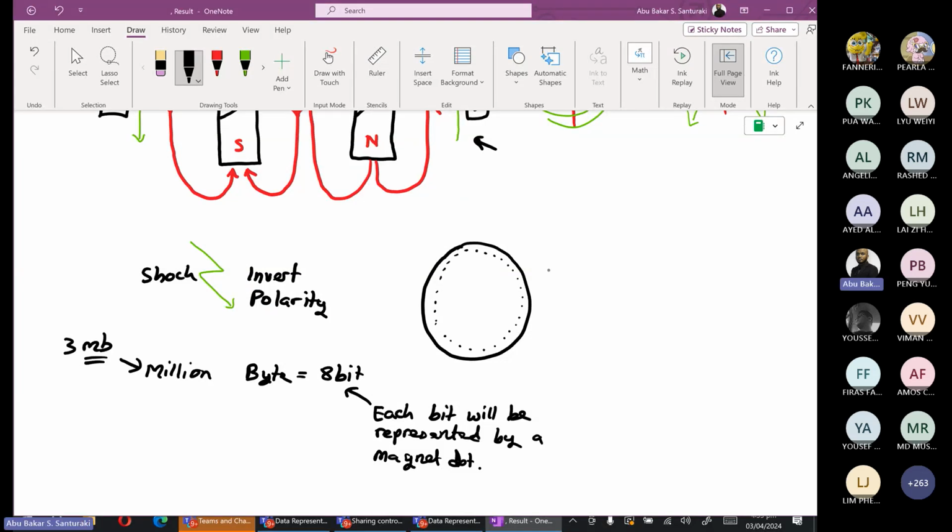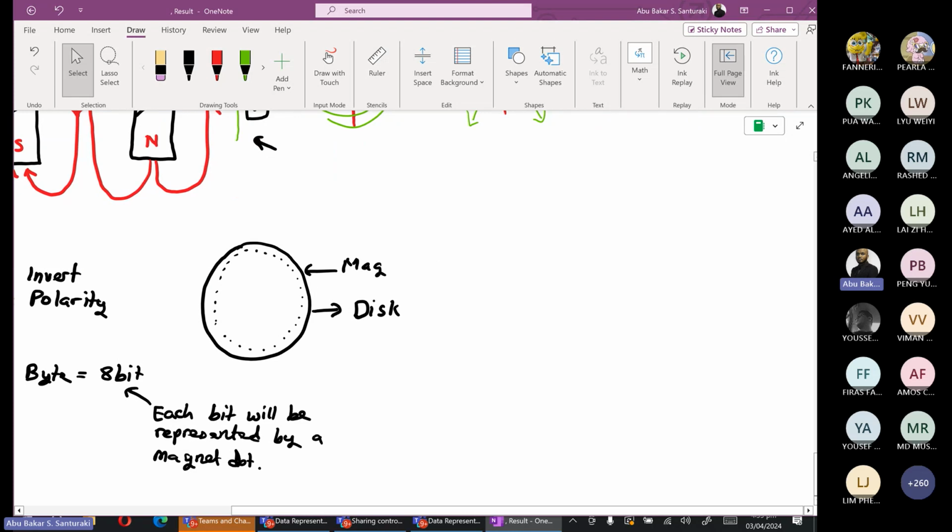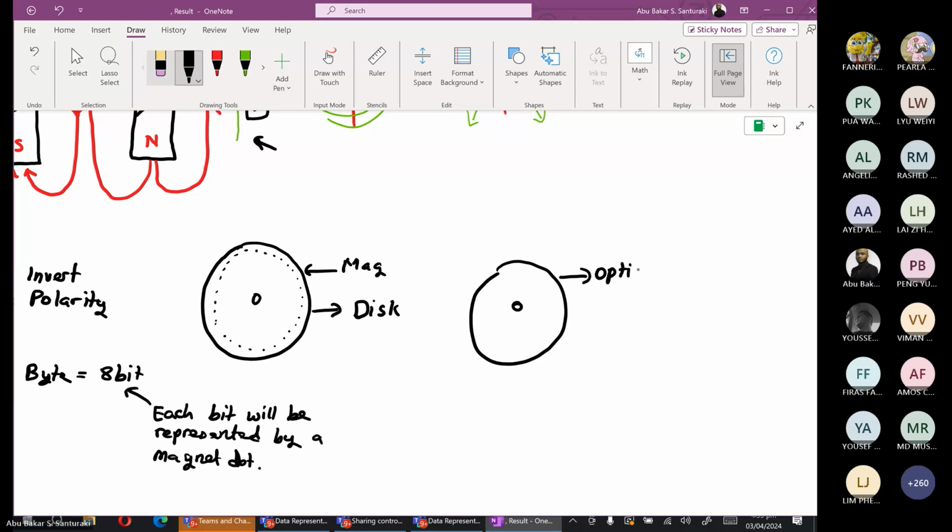And if it's magnetic technology, we call it a disk with a K. Whereas if it's an optical disk that uses light, like Blu-ray, DVD, CD-ROM, we spell it disk with a C. So keep that in mind. With a K means magnetic technology, with a C means optic technology. Does that make sense to everybody? Can I get a quick thumbs up?